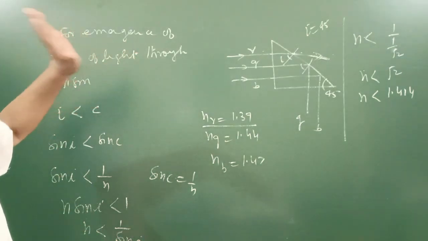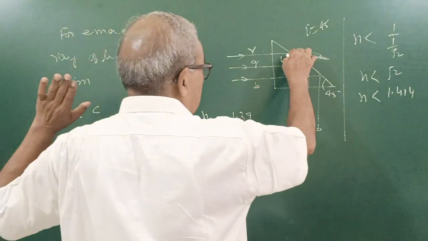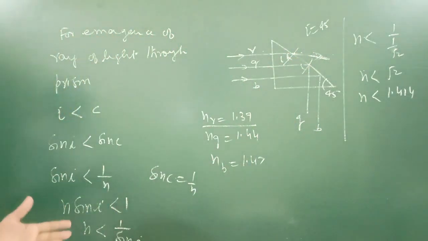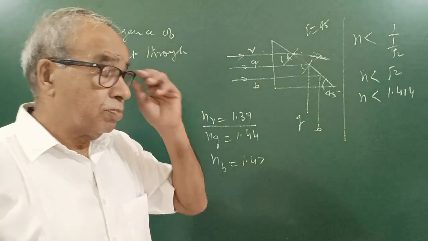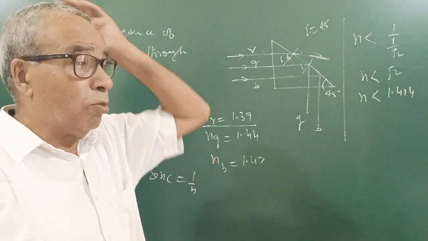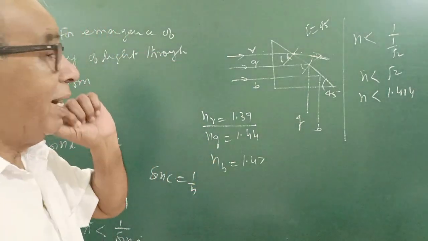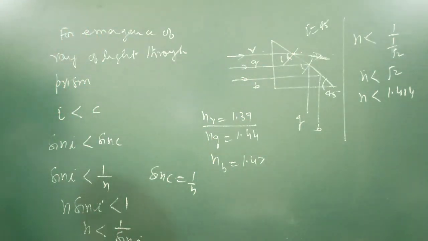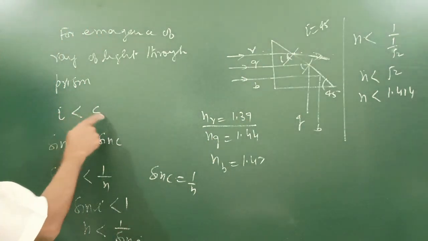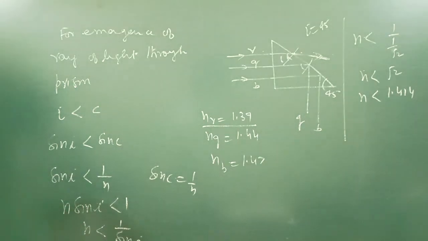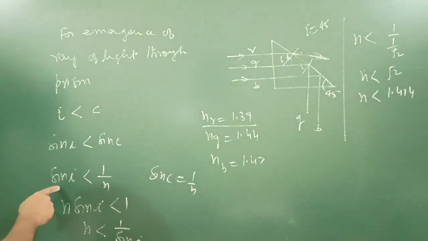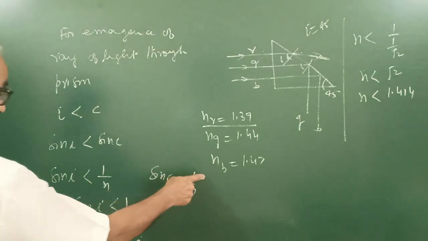I told you for emergence, this I should be less than the critical angle. For total reflection, the angle of incidence should be more than the critical angle, and hence for emergence it should be less than the critical angle. So I less than C, sin I less than sin C, but sin C equals 1 by n.